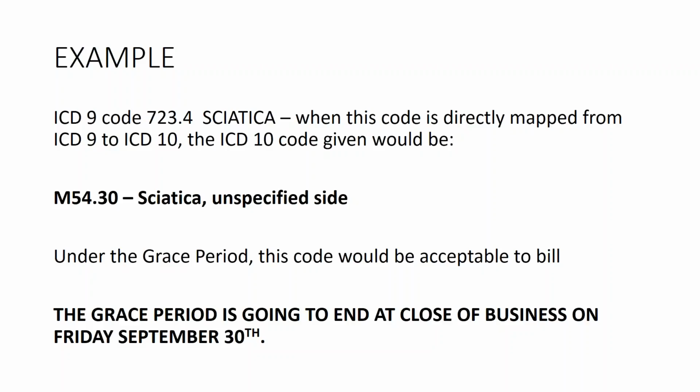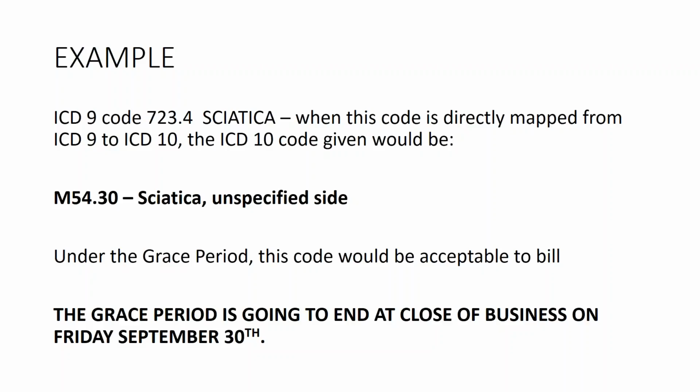However, that's ending. If you go to any ICD-10 code book and look up the code M54.3, which is the sciatica family, you'll see that there are 6 codes that you can choose from.